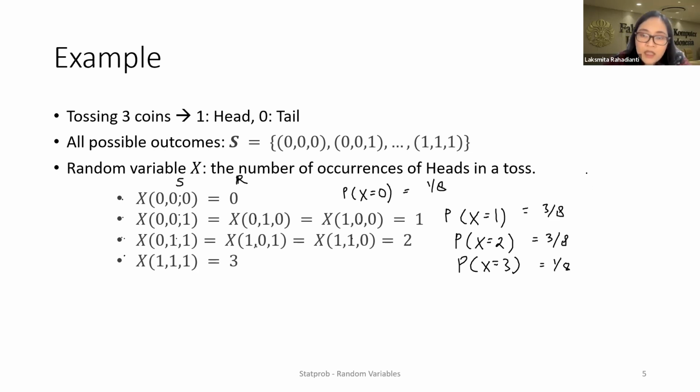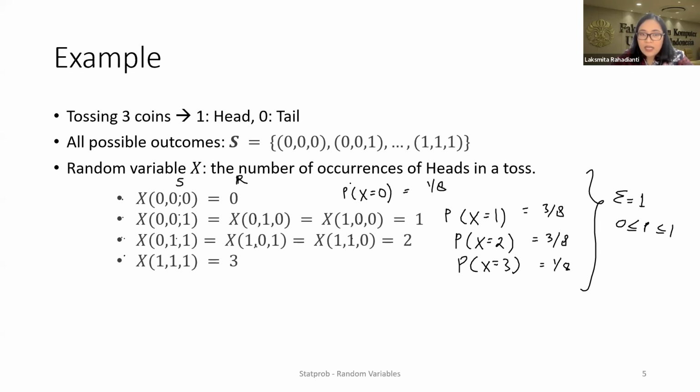Note some important things that come up. The sum of all probabilities equals 1, right? And each probability is between 0 and 1. This follows all of the probability axioms that we already learned in our previous topic as well.